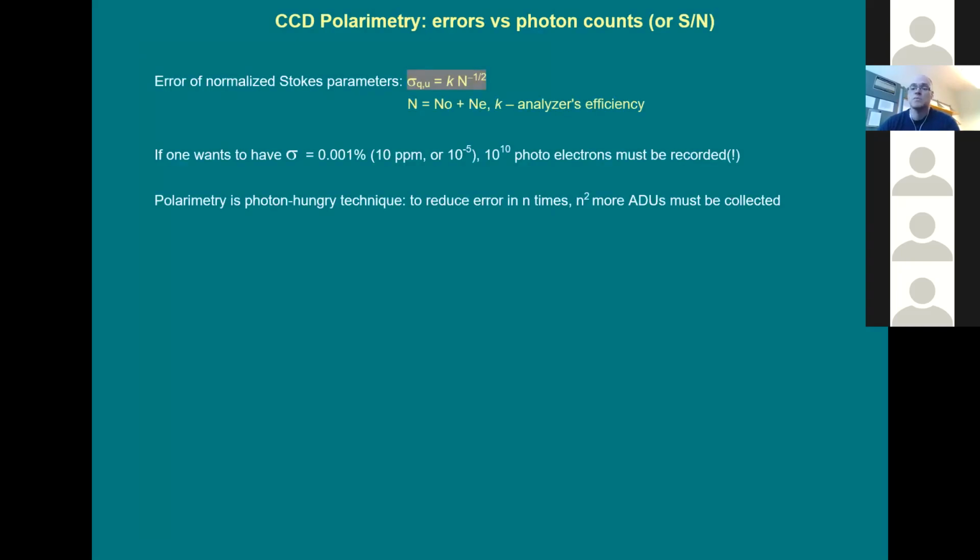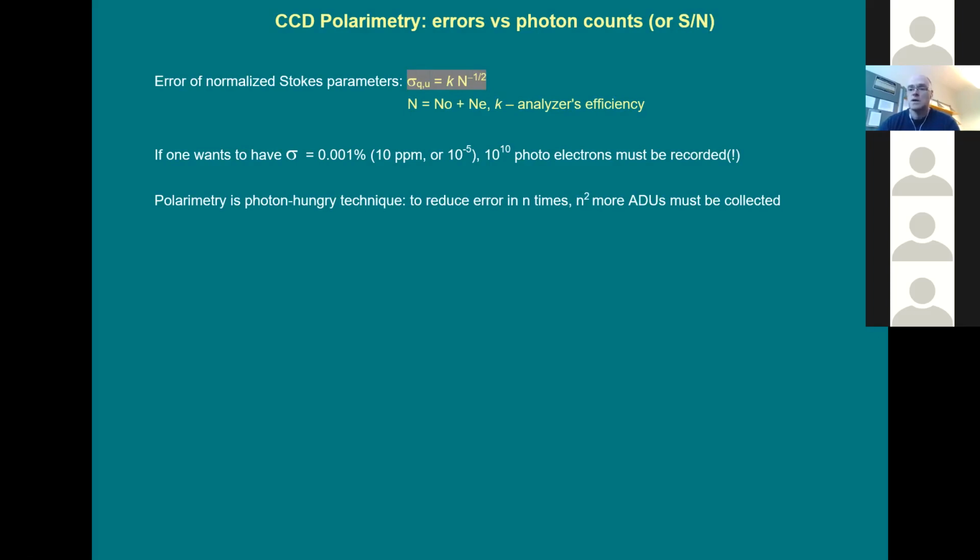If we assume that the only source of random errors in measured polarization is the photon shot noise, the sigma of a normalized Q and U is given with a simple formula. Here K is an analyzer efficiency, and N is a total number of photoelectrons registered for both orthogonally polarized ordinary and extraordinary stellar images.